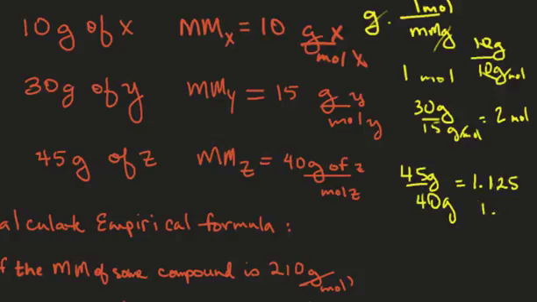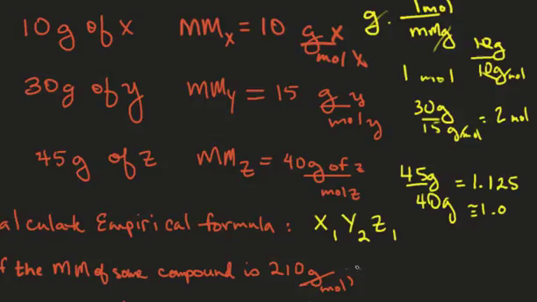So 1.125 can be approximately 1.0, which then would give you an empirical formula X, Y, Z. Because the smallest one is 1 here, and when you divide 2 by 1, you get 2, so it'd be 1, 2, and 1.